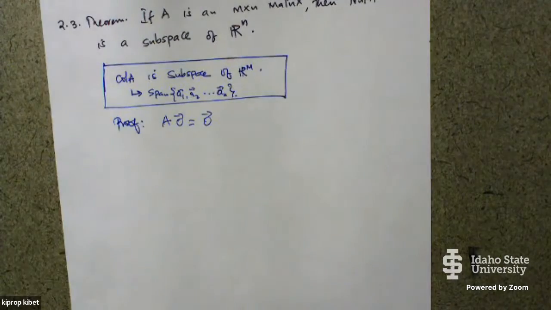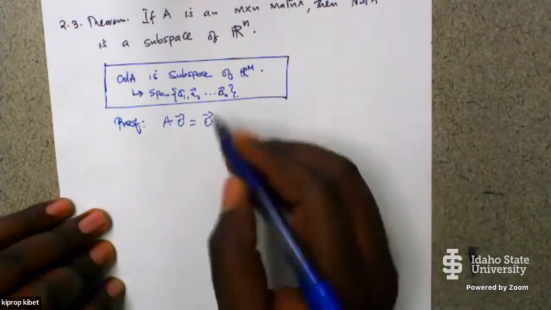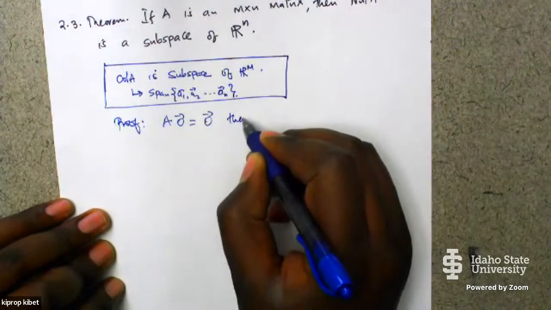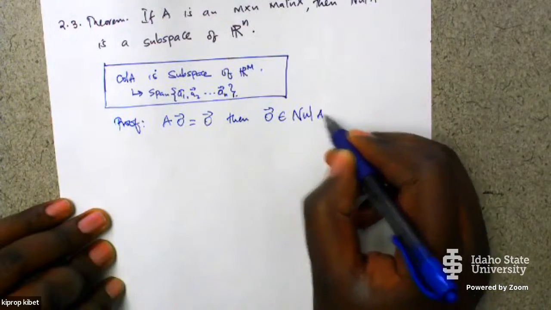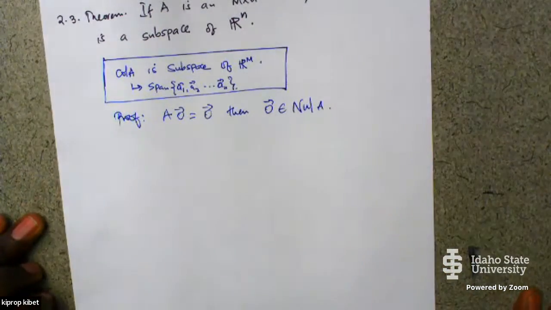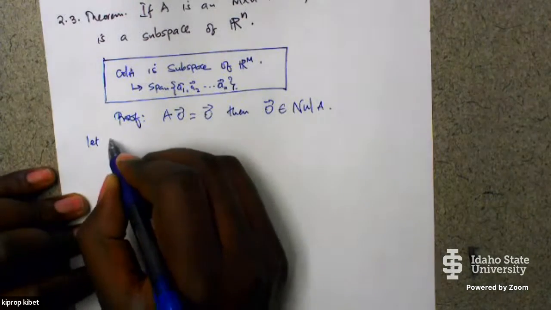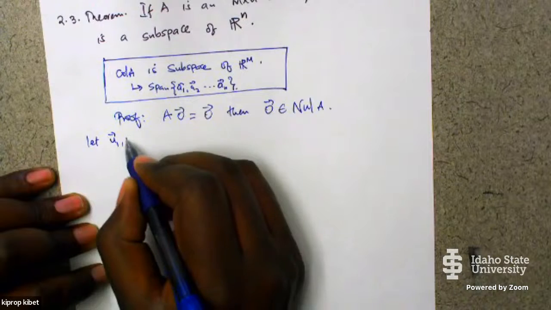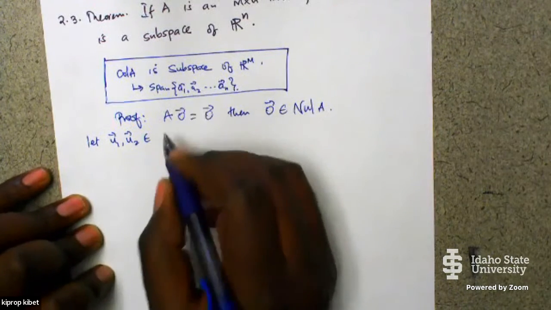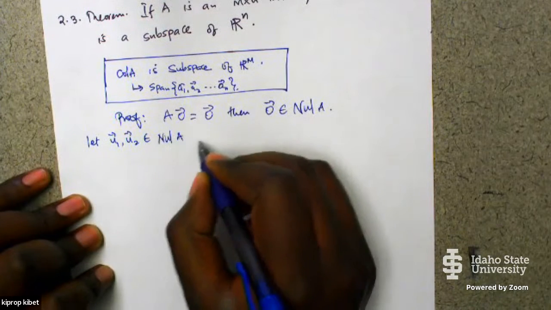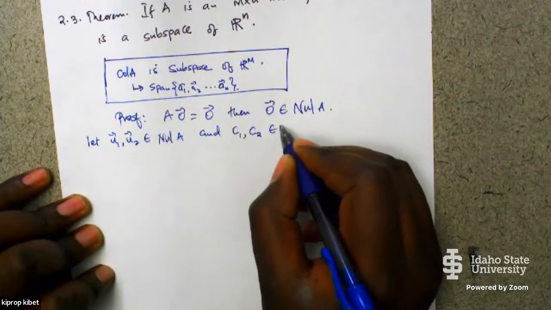The null space is the solution of the homogeneous linear equation, so the zero vector is an element of the null space of A. Now, let U1 and U2 be elements of the null space of A, and C1 and C2 be real numbers.